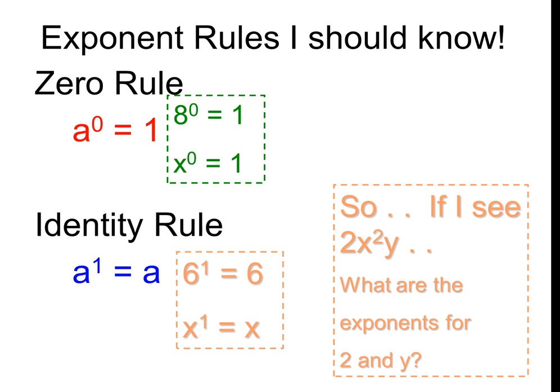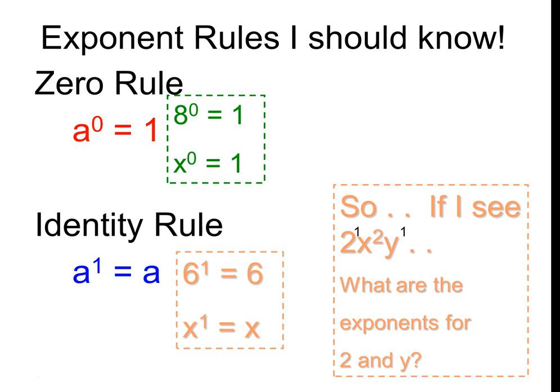So if we have 2x squared y, what are the exponents of the 2 and the y? Because we said everything has an exponent, doesn't it? Well, the exponent of the 2 is 1 because everything has an exponent. And y has an exponent of 1. Everything has an exponent. Please grab hold of that and hang on.